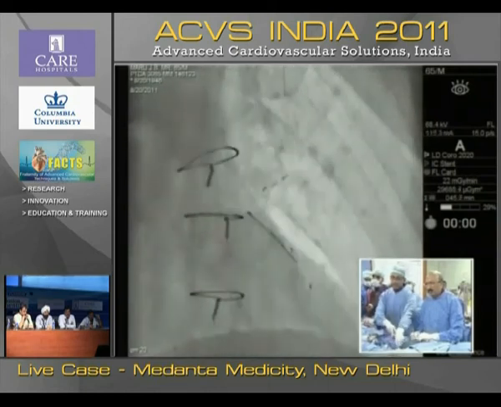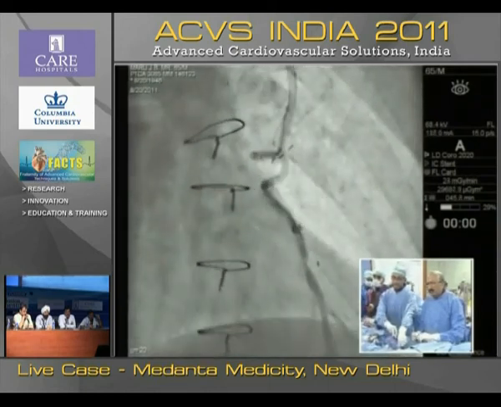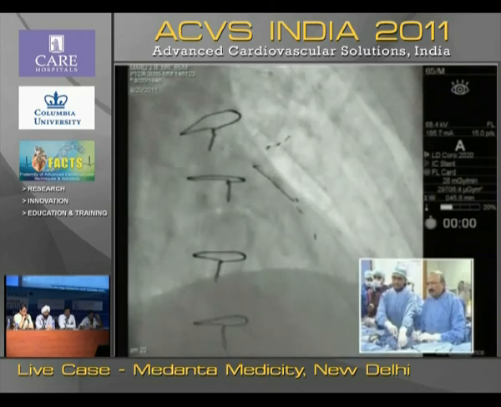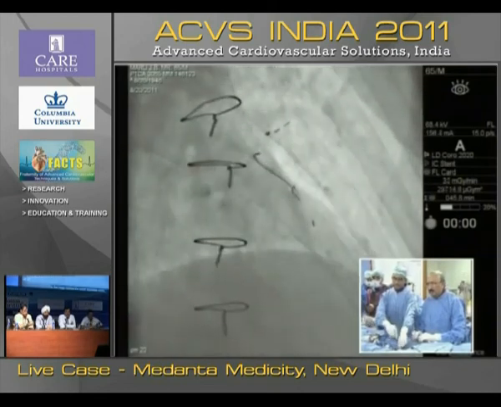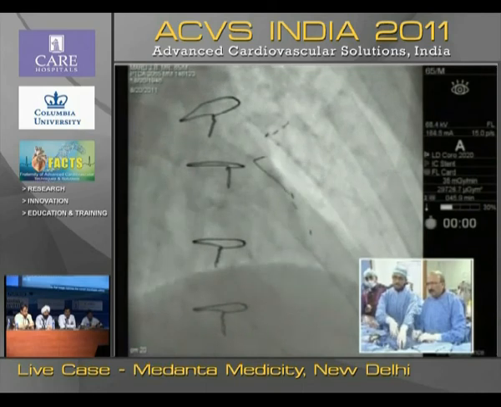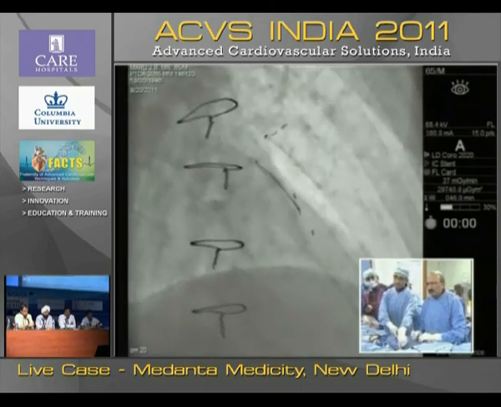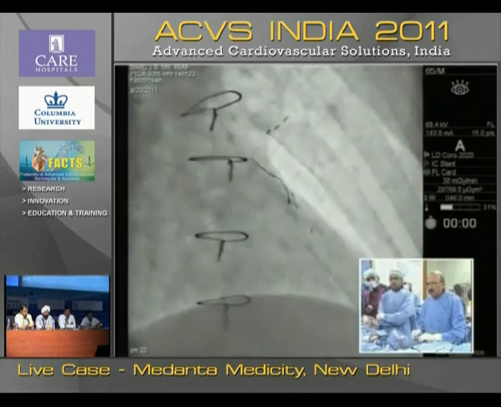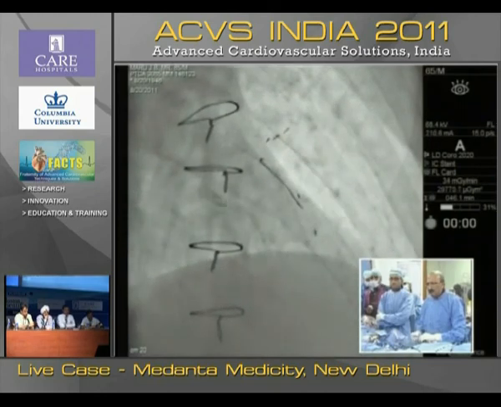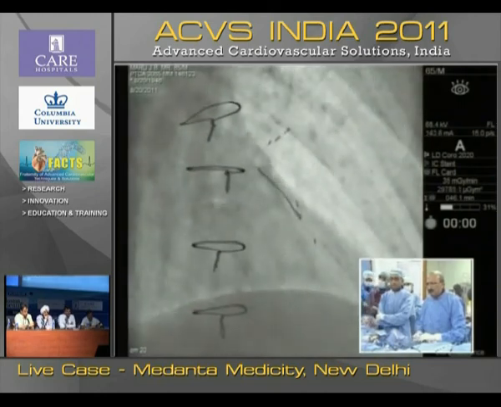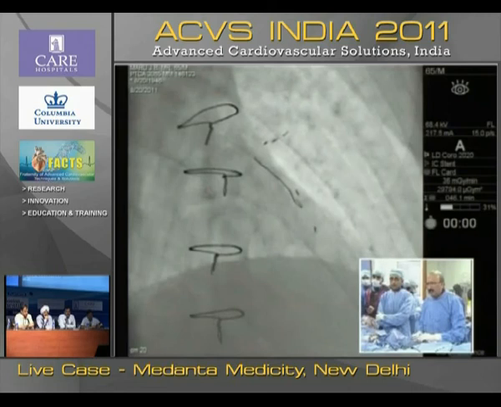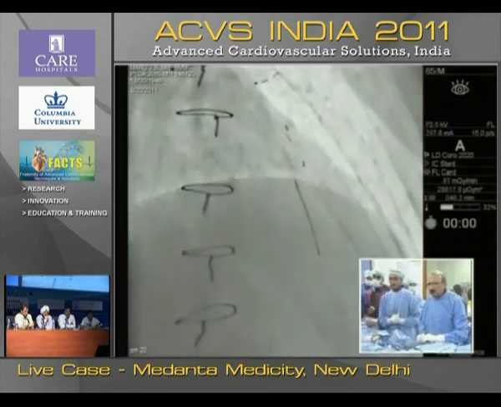So we are almost there. But again, it is leading to a little bit of a difficulty. Because of the proximal tortuosity, the wire is not moving so well, but now it has. Check please. Okay, I think we are across that lesion.